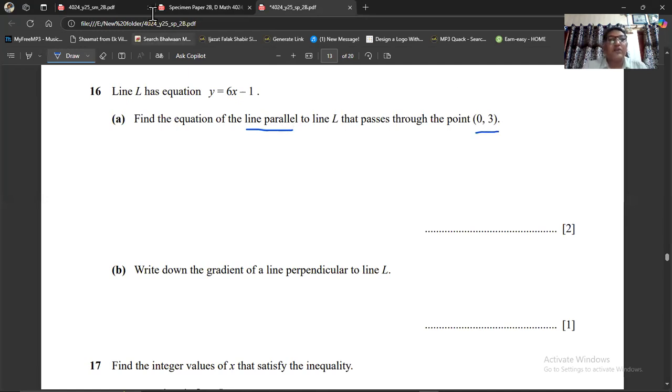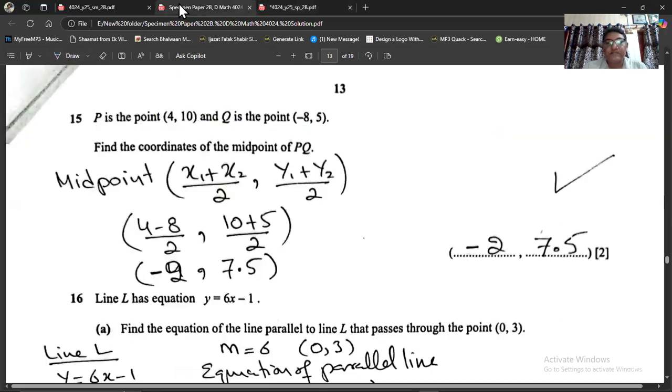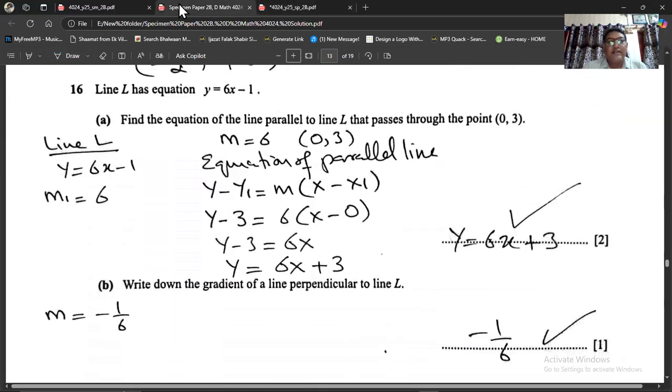So we can find the equation using y minus y1. The line L, y equals 6x minus 1, has gradient 6, and m2 will also be 6 because both lines are parallel to each other. It passes through (0, 3), so the equation of the line will be y minus y1 equals m(x minus x1). x1 is 0, y1 is 3, m is 6.